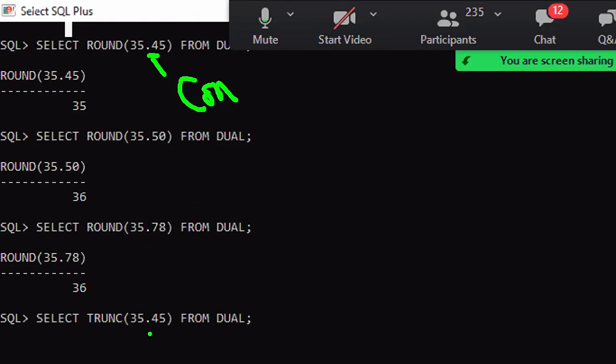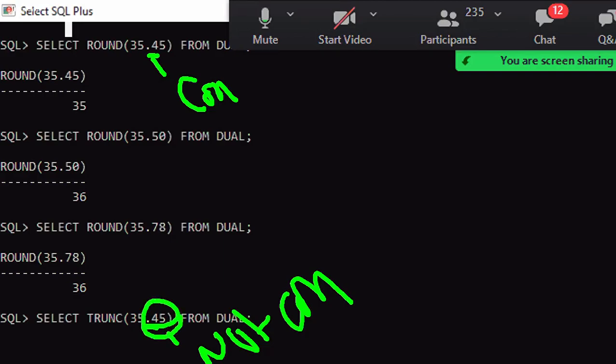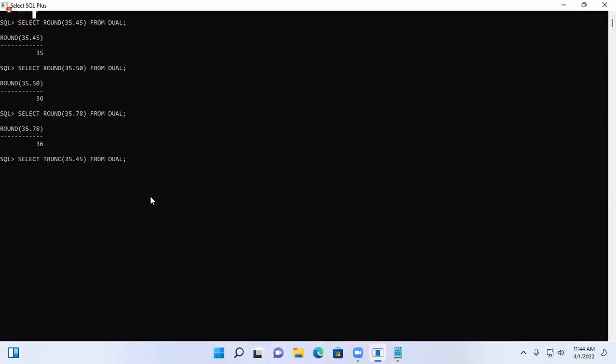But in the trunk function, whatever value is after the point is not considered here. So you can send any value after the decimal point, but it is not considered. That's why it always returns an exact value, 35 only.